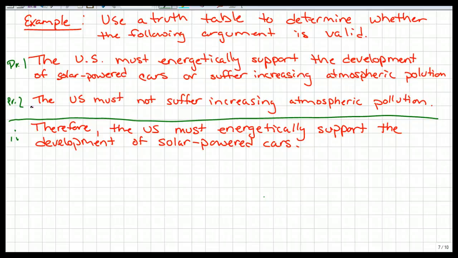So what you're going to want to do, first of all, is to write out your simple statements. P in this case is going to be the U.S. must energetically support the development of solar-powered cars.